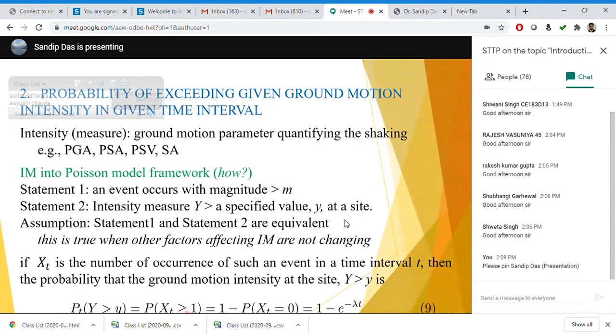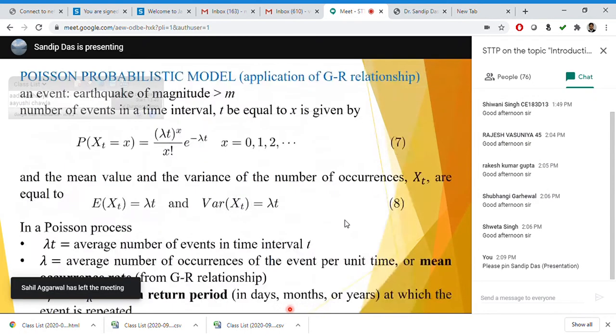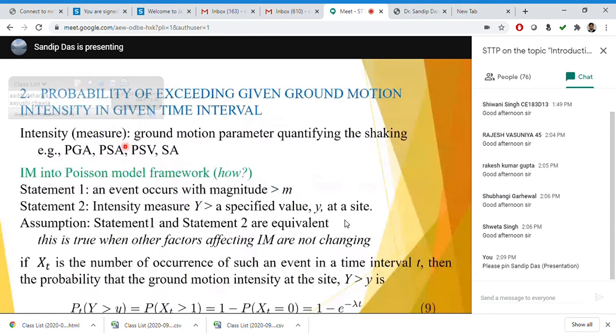That means at least one event will occur. Now what is the probability of at least one event? It is complementary to no event occurring. So 1 minus the probability that no event will occur gives at least one occurrence. So it is 1 minus e to the power minus lambda t. You get this value directly if you put x equal to 0 in your Poisson equation here. So it is very simple from there.